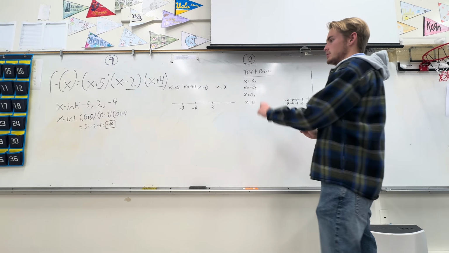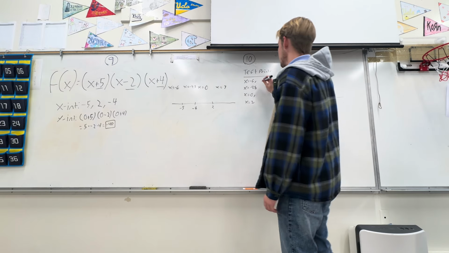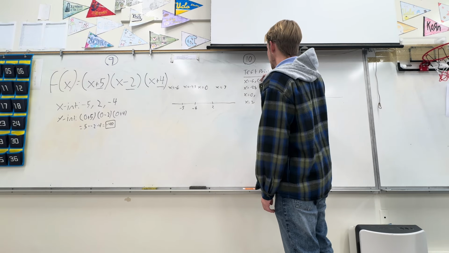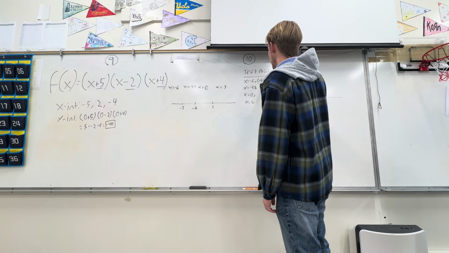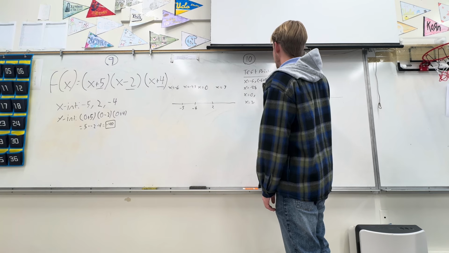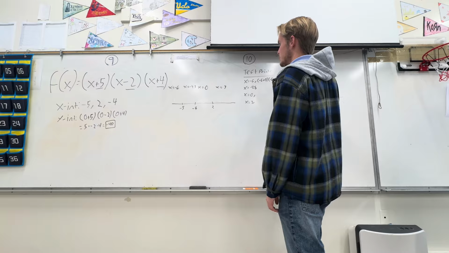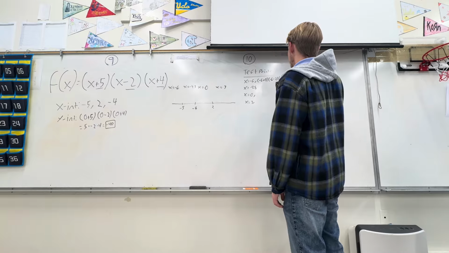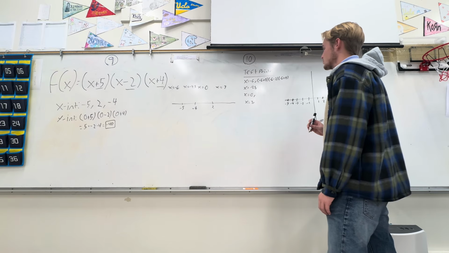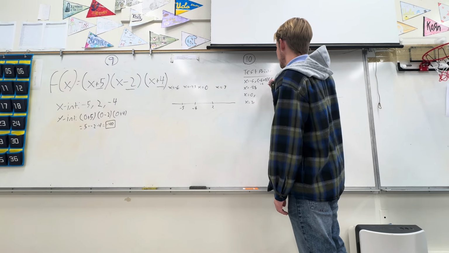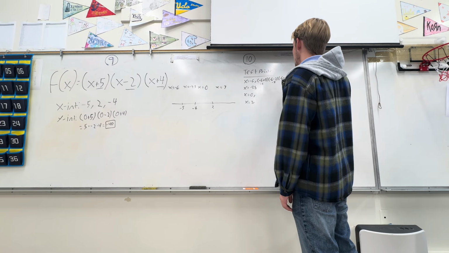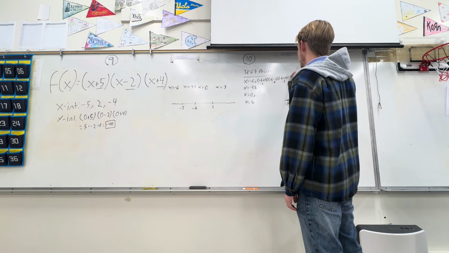And I'm plugging those into the original equation. First we have -6 plus 5 times -6 minus 2 times -6 plus 4. So this is -1, -8, -2.